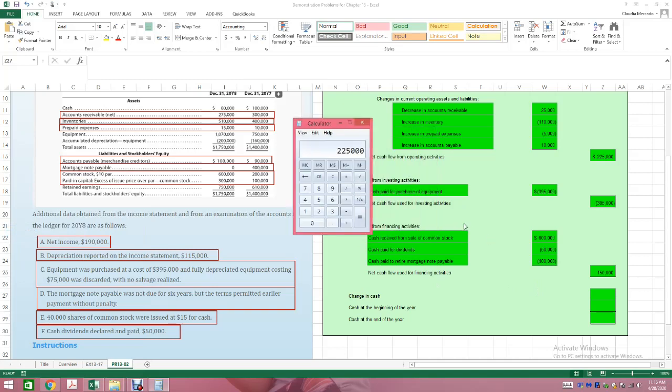And then you're gonna subtract $395,000 from your investing, and then you're gonna add $150,000 from your financing, and that's gonna give you, I think I put too many zeros. Let me see. 225 minus 395 plus 150. There we go. So we get negative $20,000.